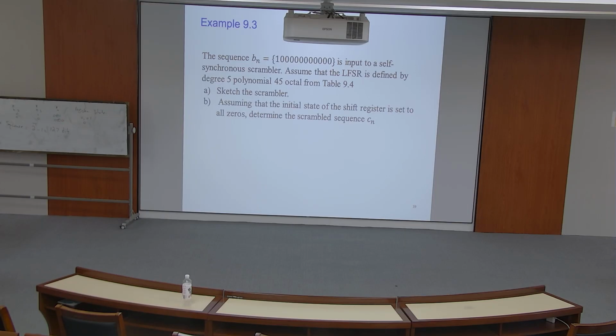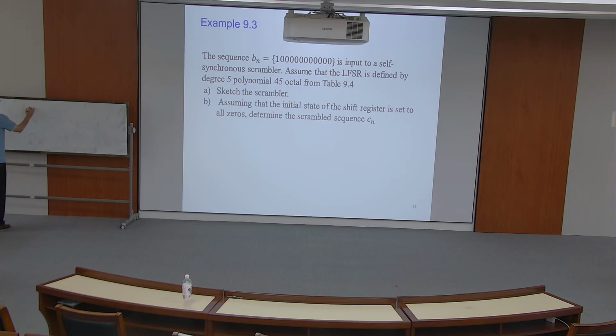So it is 4, 5. What is the binary format of 4 and 5? 100 and 101. So if you combine them, you get 100101. So 45 octal, 4 is 100 and 5 is 101.